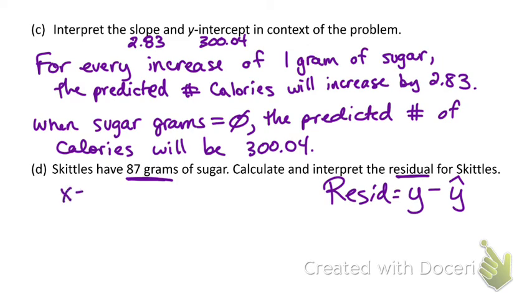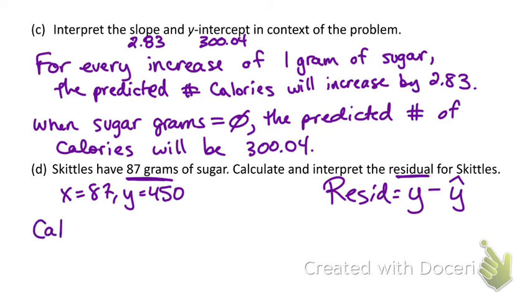Very good. So this tells me that X is 87 and Y is 450, and that's for Skittles. So I know my actual Y value for Skittles is 450. But what does my equation say a candy with 87 grams of sugar should have as the number of calories?